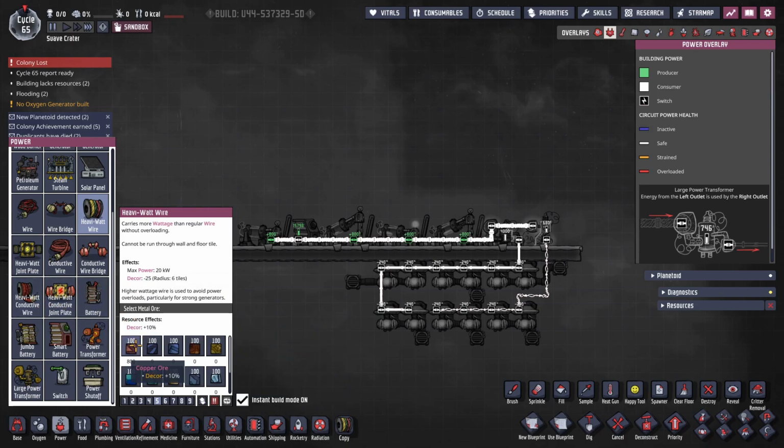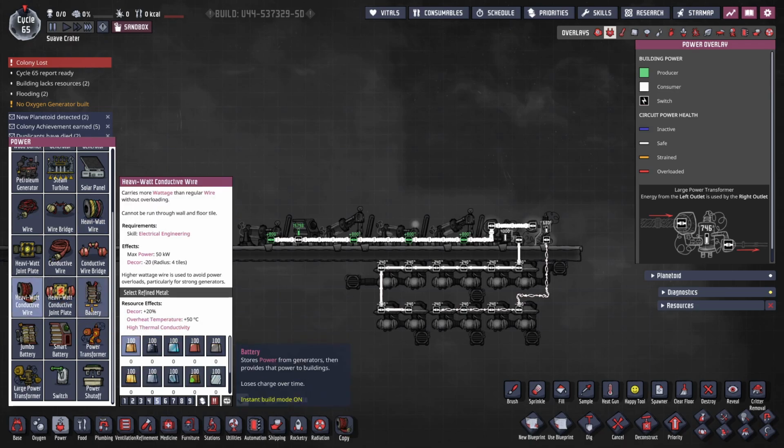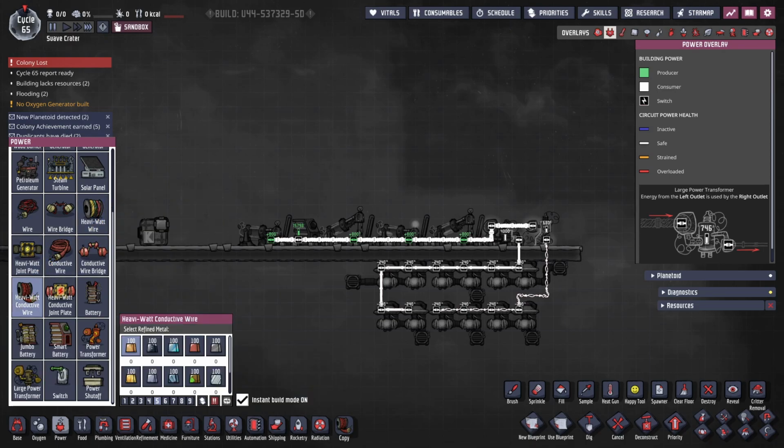So it uses less rare material. Here it is copper ore, for example, or mercury, electrum, any kind of ore basically. But here it requires refined materials, like copper, lead, cobalt, or iron, and this kind of material. So these are the two main differences between heavy watt wire and heavy watt conductive wire.